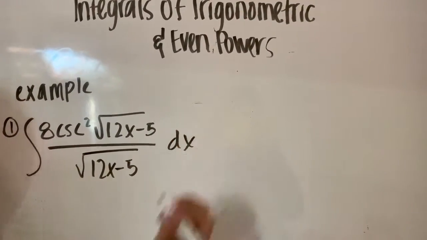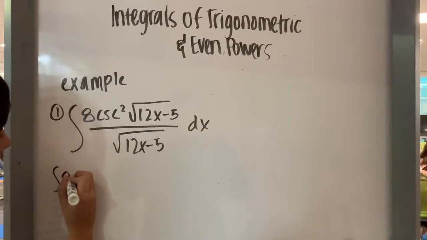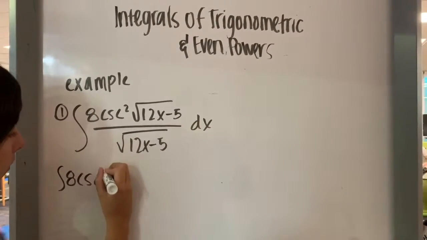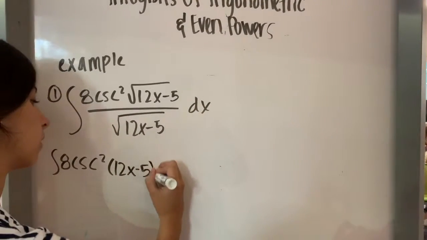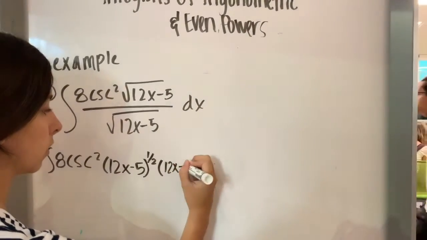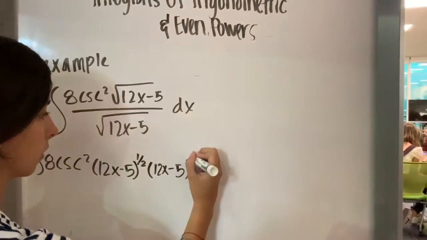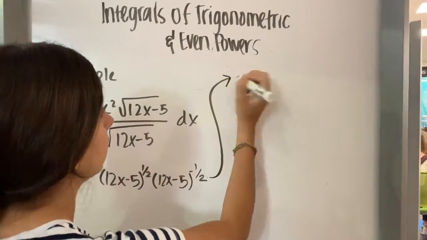The first thing we're going to do is change the square root to a power. Since it is a square root with no power, it will just change to a power of 1/2, and the denominator, when you put it in the numerator, will change to negative, so it's negative 1/2. And now we're going to take the u.